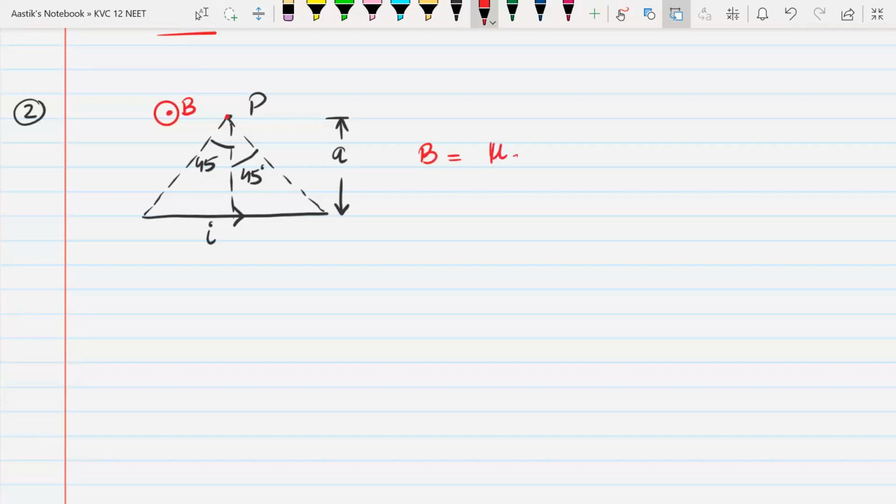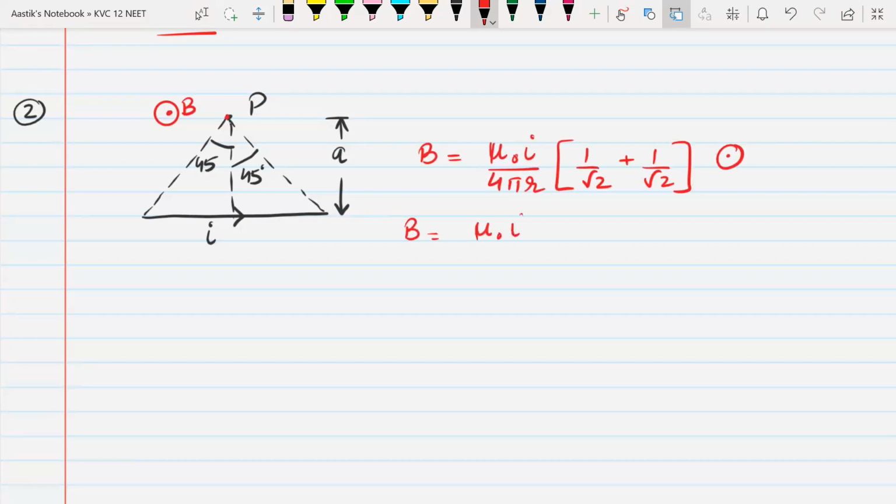So remember that formula, mu naught I by, what is the general formula? 4 pi r into sine of angle. Sine of 45 is 1 by root 2. This is the answer. Now we can simplify it.